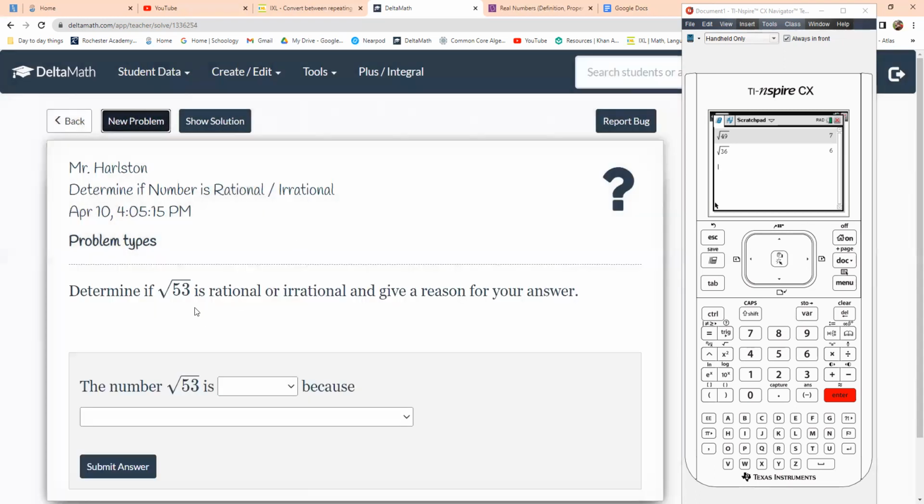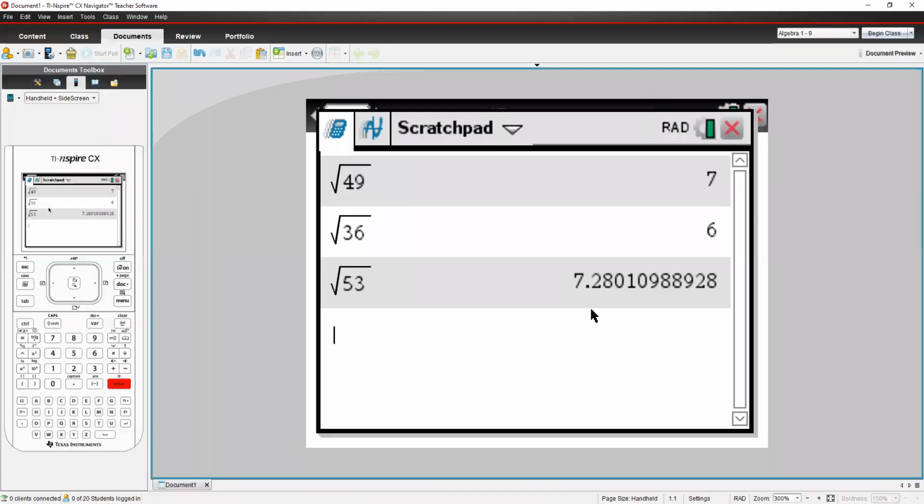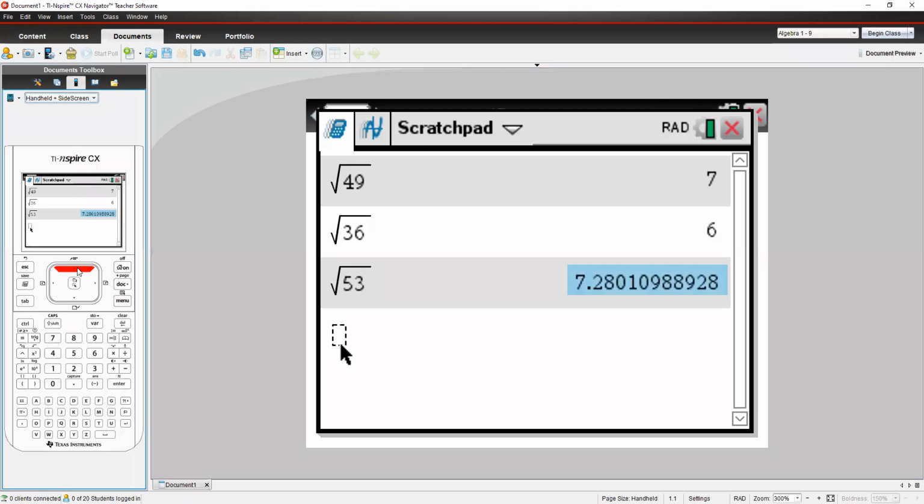Let's see here. This one, square root of 53. Now this one's a good one. Square root of 53. All right, boom. Now you see all these decimals. I'm gonna make this larger so you can see it better, because I need you to see this. All right, it has 2801098898. And then I'm gonna copy this to see if there really is a pattern, and there isn't. 280109889280.